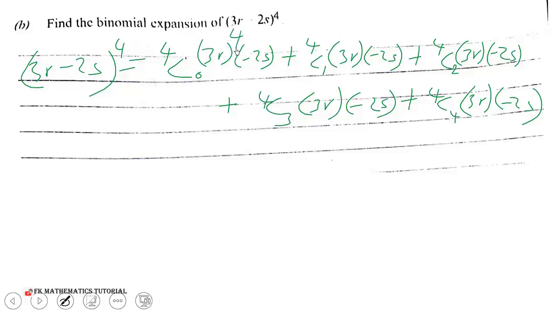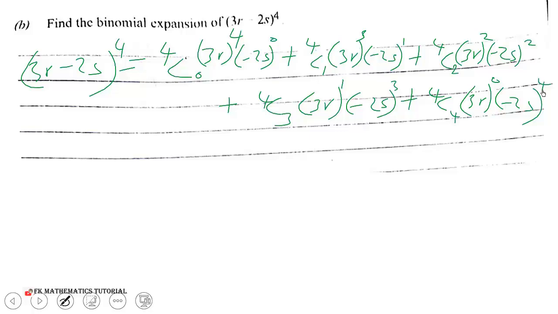So we have 4, 3, then 2, then 1, then 0. Then the second one will increase from 0 to 4: 0, 1, 2, then 3, then 4.